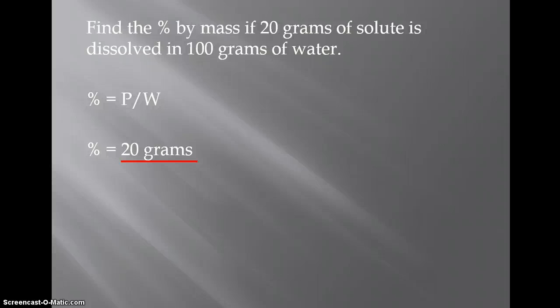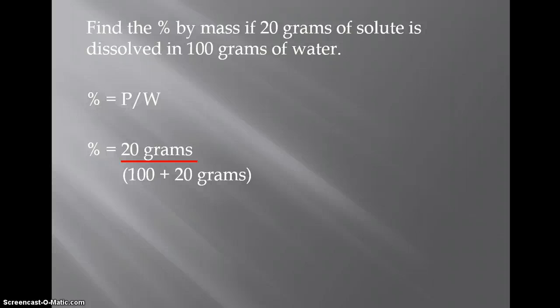So I'm not told what my mass of solution is. I'm only told what my mass of solvent is. So I know solvent and I know my solute, but I don't know my mass of solution. Well, that's not a problem, because can you figure out your mass of solution? Yeah, because what makes up a solution? Solvent plus solute.